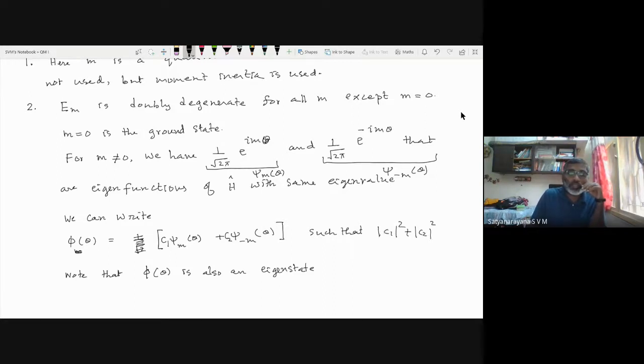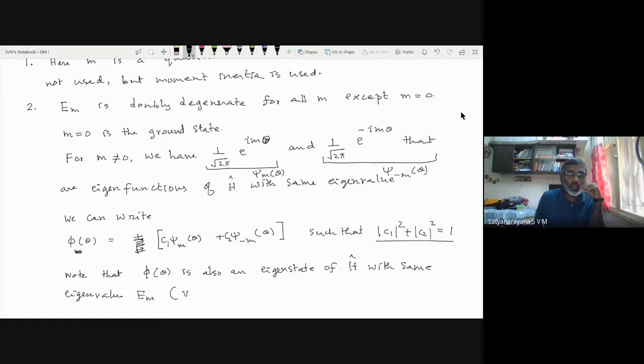So more generally, I can consider any linear combination with complex coefficients C1 and C2 satisfying this normalization condition. Then such a construction is also an eigenstate of the Hamiltonian with the same eigenvalue E_m.